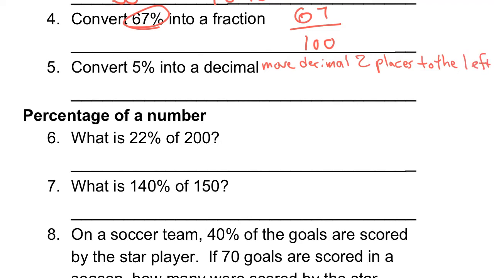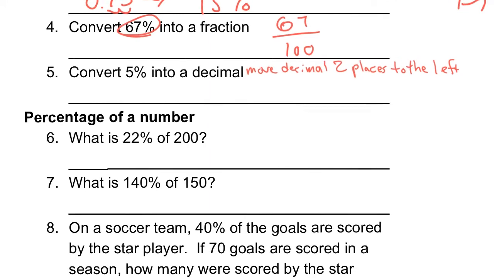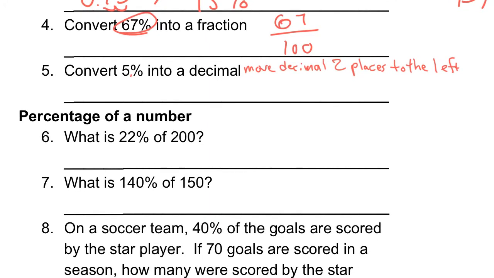Okay, that's your strategy. We move the decimal place 2 places to the left. Well, let me just do it right here. If this is 5%, I go 1, 2. I got to add a 0 in there. So 5% is actually 0.05. All right? Pause if you need to.